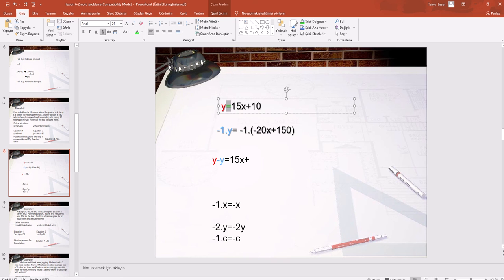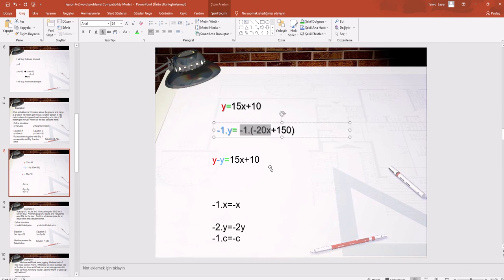Now I have this equality here. I put the equality here also, and I pass to the right side of the equation. Now, 15x, and let us write it as I said. The first part here, 15x plus 10. Now what is this?